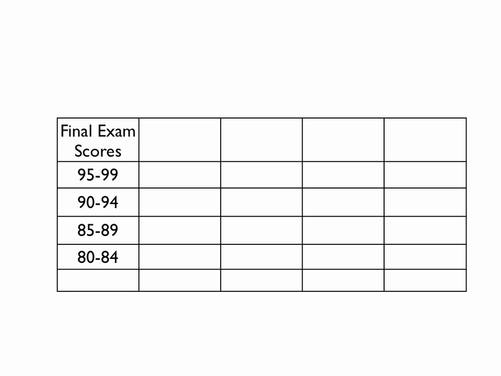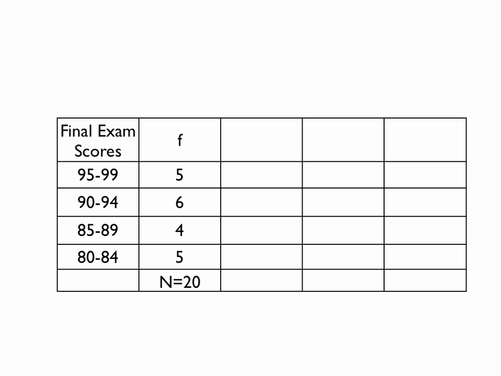If you already have, then take a look at the frequency distributions here. We have 5 scores that fall in the 95 to 99 range, 6 in the 90 to 94, 4 in the 85 to 89, and 5 in the 80 to 84. Which equals 20, the number of students in this particular class who took the final exam.